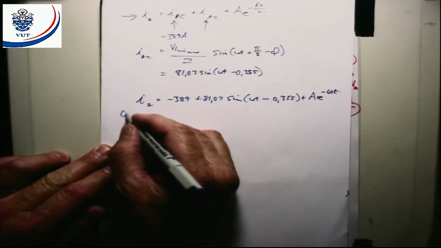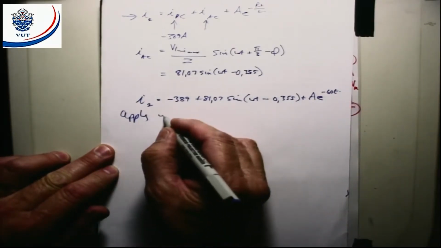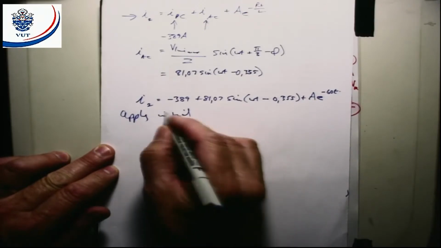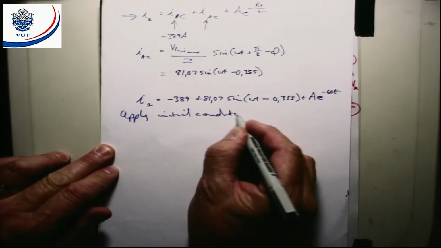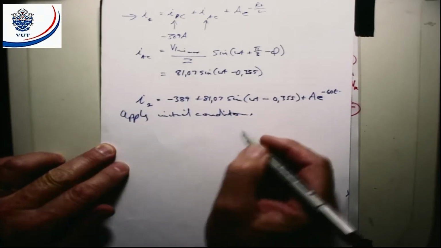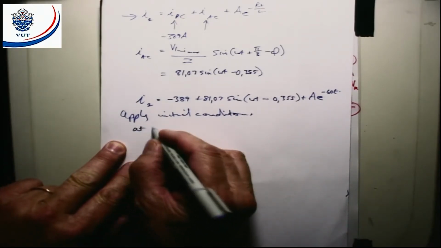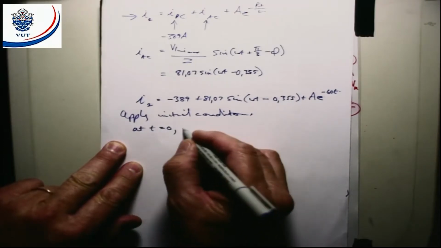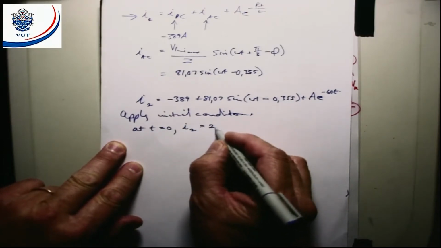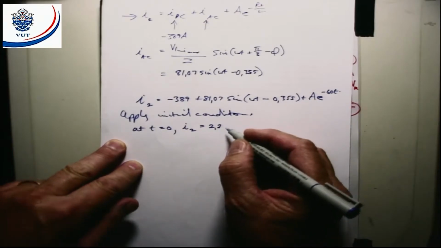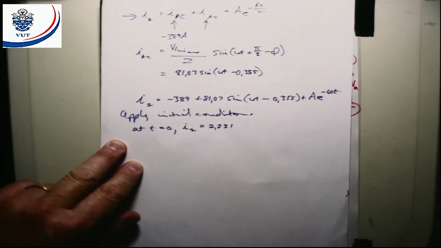Apply initial conditions. When we apply the initial conditions, we get that at t equals 0, I2 is equal to 2,231.